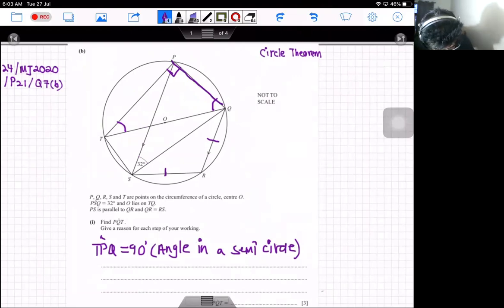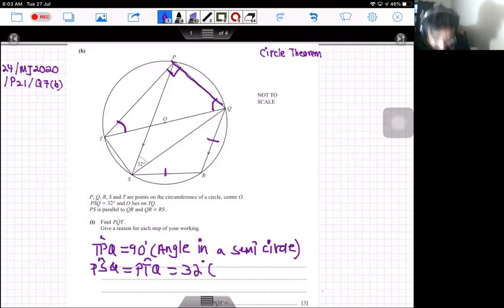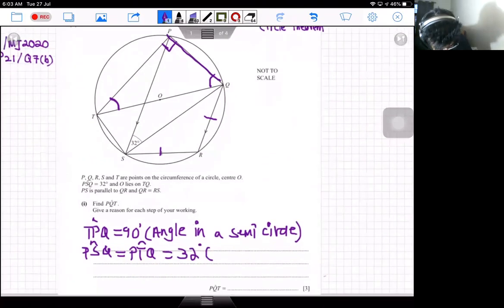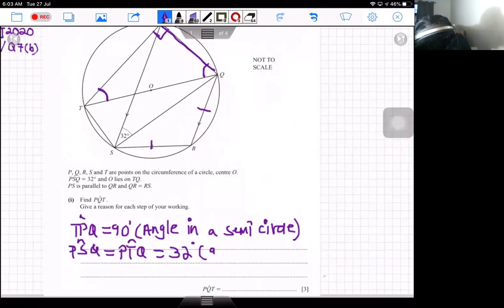So since angle PSQ is equal to 32, angle PSQ is equal to angle PTQ, which is equal to 32 degrees, and the reason is angles in the same segment are equal. You can simply state this as well.